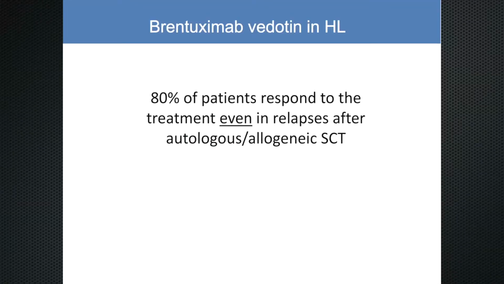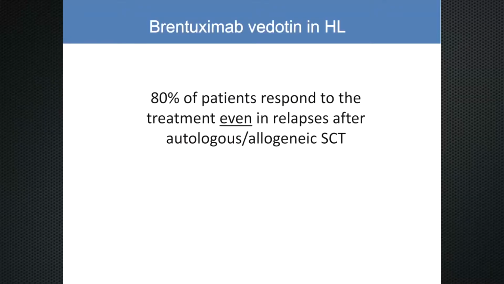So it was really almost shocking news for oncologists to see the first data when Brentuximab vedotin was evaluated in patients with Hodgkin lymphomas who were relapsing after autologous bone marrow transplantation, and around 80% of the patients responded to this treatment, even when they were relapsing after autologous, and sometimes even after allogeneic bone marrow transplantation.